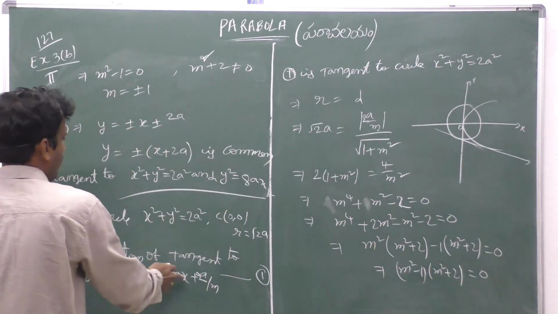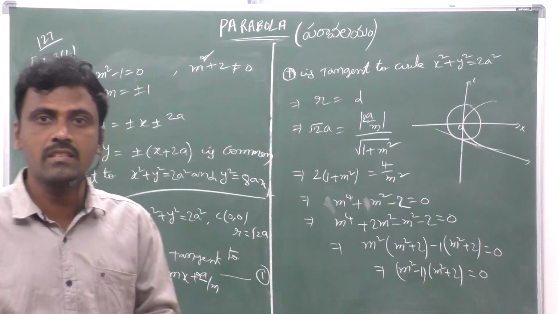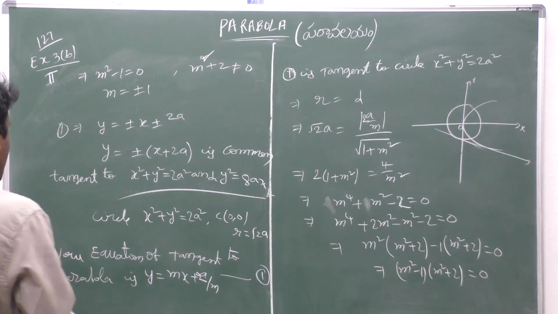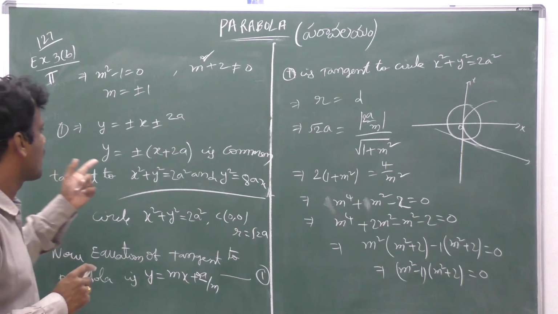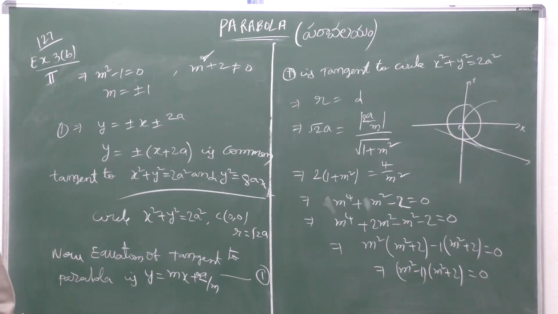Substitute in equation 1, we get y equal to plus or minus x plus 2a is the common tangent to x square plus y square equal to 2a square and y square equal to 8ax. Very, very important problem. And also y equal to plus or minus x plus 2a is the common tangent.